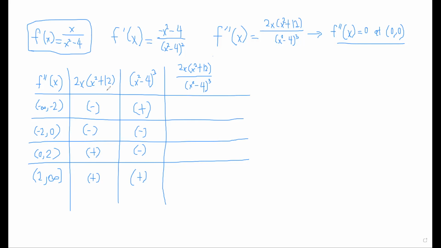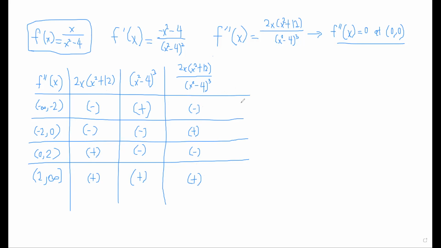Now divide. Negative divided by positive is going to be negative. Negative divided by negative is going to be positive. Positive divided by negative is going to be negative. And positive divided by positive is obviously positive.